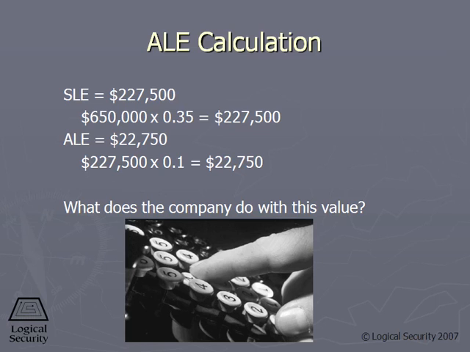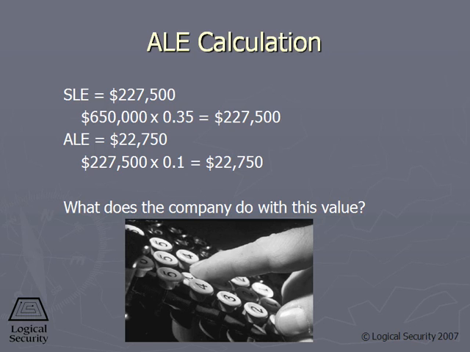So you walk through an example yourself. If we have a facility that's worth $650,000, and if a tornado comes through, we think once in 10 years, and there would be 35% damage, what would the ALE be? So to calculate the SLE, because you can't go directly to the ALE, you first have to calculate the SLE because it feeds into the ALE formula. So our asset, the facility, is $650,000. We multiplied times the exposure factor, which is a percentage.